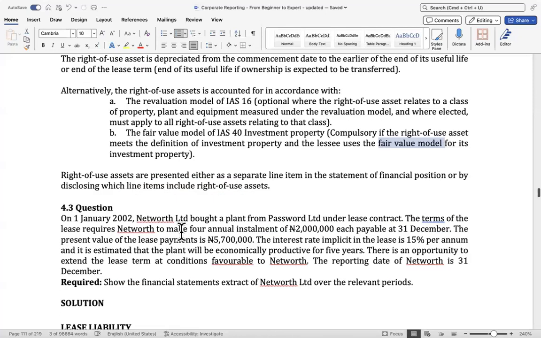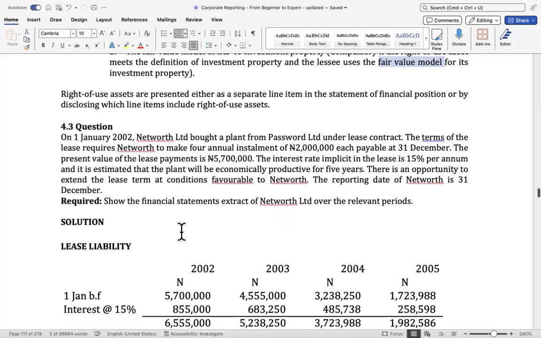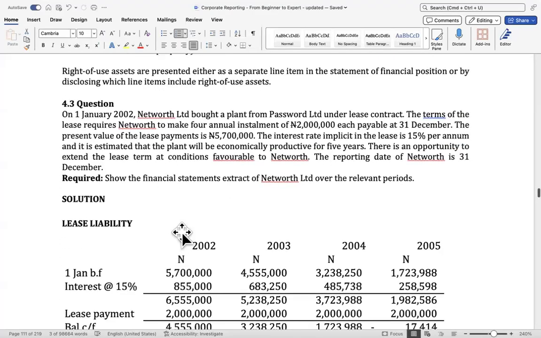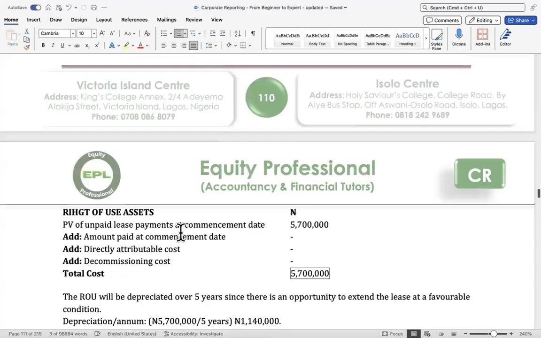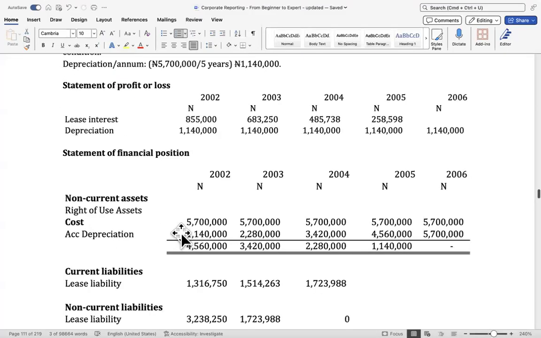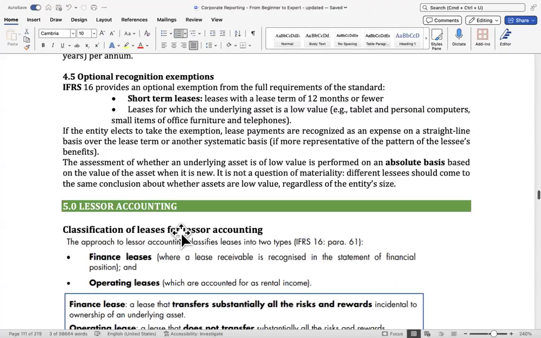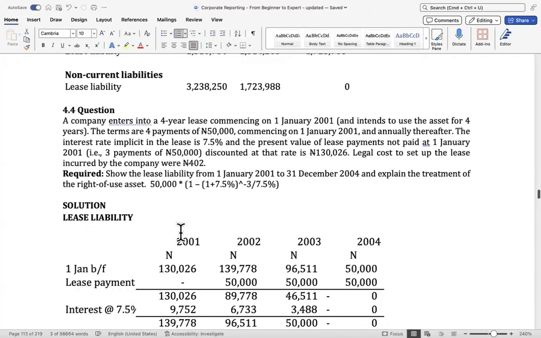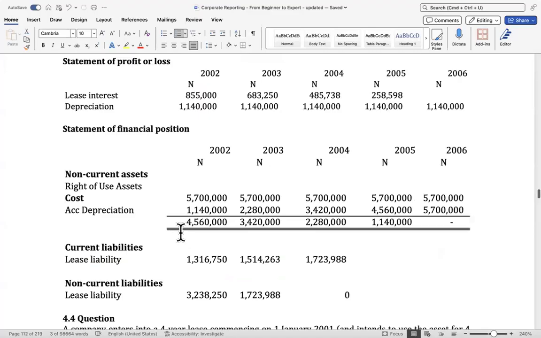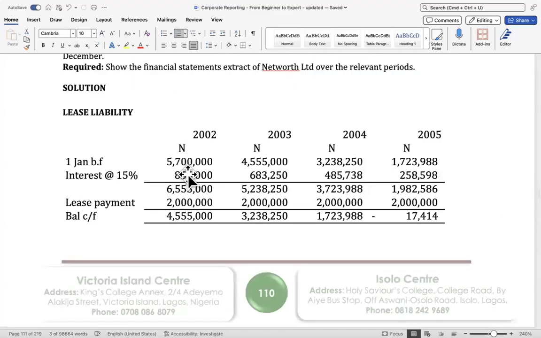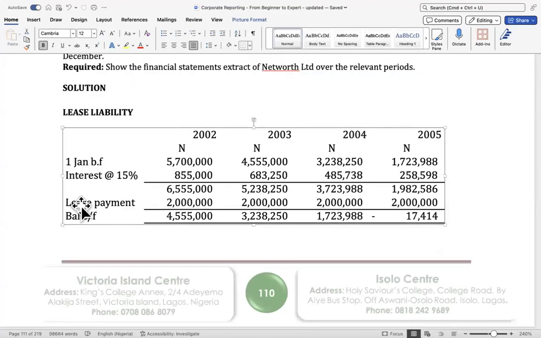Okay, so that was my core explanation last week. We solved two questions, this one and this other one, to explain all my points to you. And I paid particular attention to this one, the order of interest and lease payments.